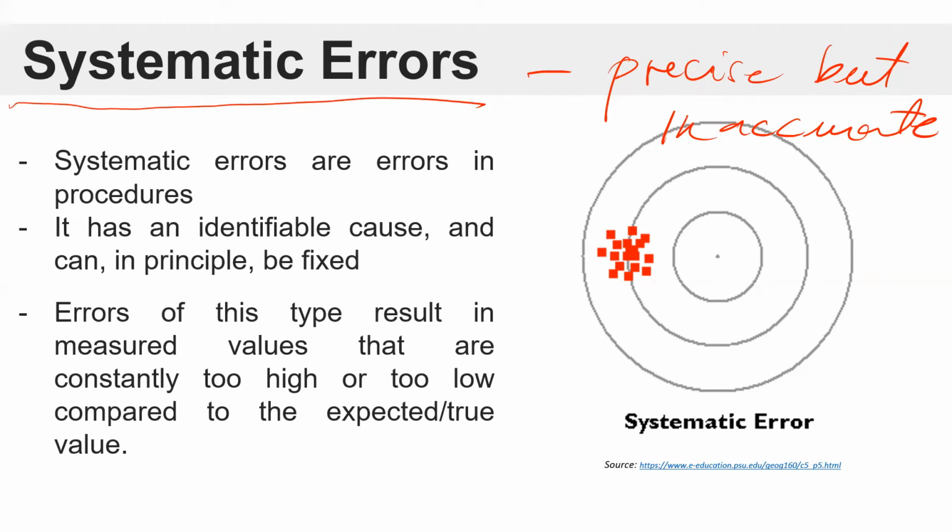But why, when you compare it to the expected theoretical value, is it far from the theoretical value? Your results are close to each other. So if you have this type of error, you need to go back to your design, your experimental procedure, in order to troubleshoot this kind of error.